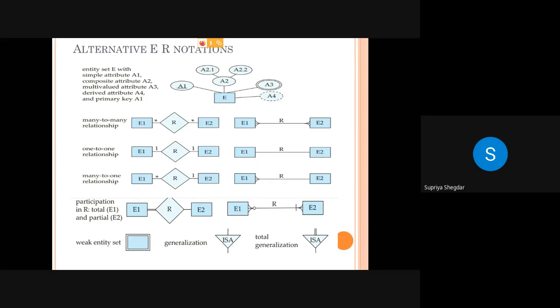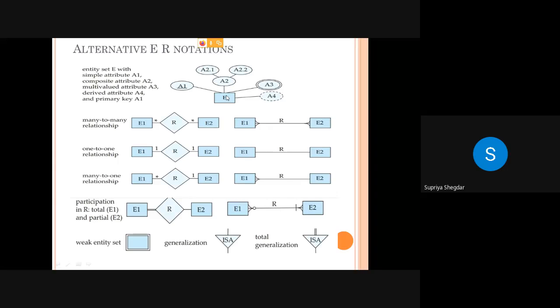Okay, then these are some alternative ER notations. Either we can use the notations that we have seen previously, or we can use notations like this, where we represent the entity and the attributes of that entity like this. Here E is the entity set with the simple attribute A1, and A1 is also the primary key.